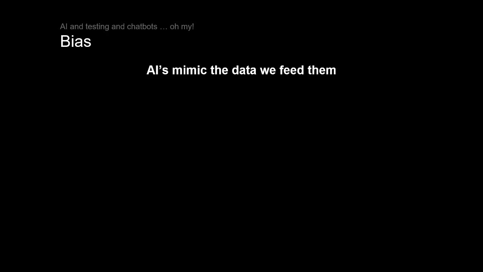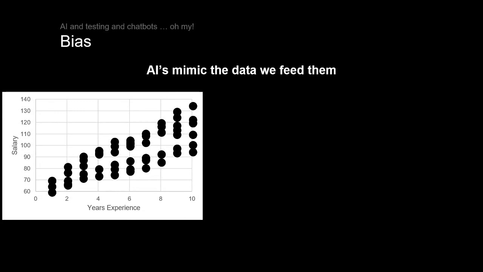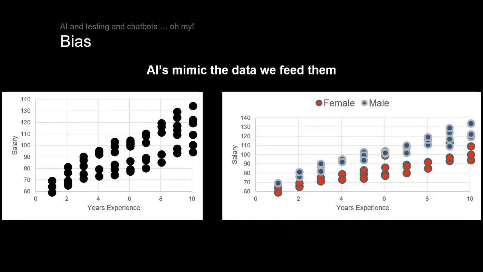In the machine learning example we just saw, we took some examples of different types of salary and different types of experience. What we didn't really know was that underneath that, there was a gulf between male pay and female pay, with females always being on less.